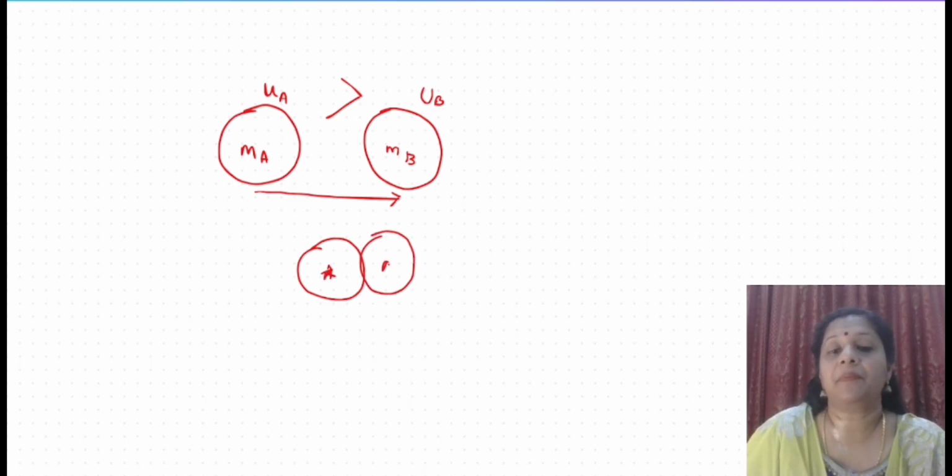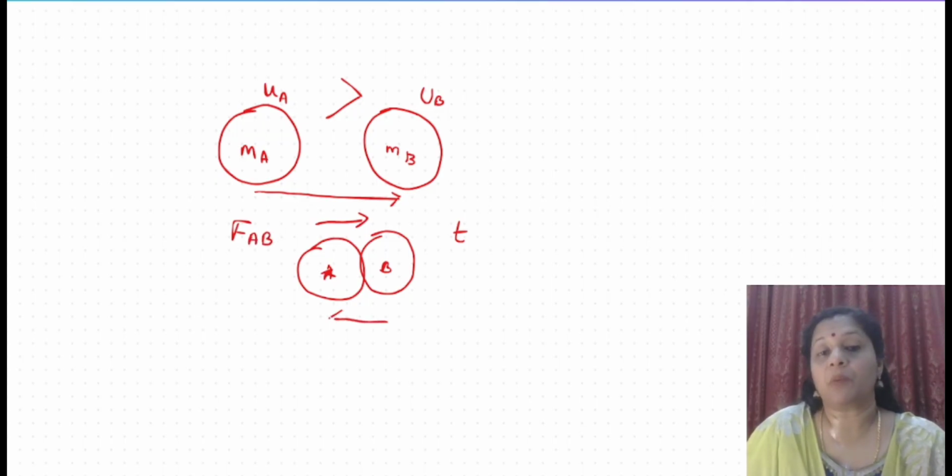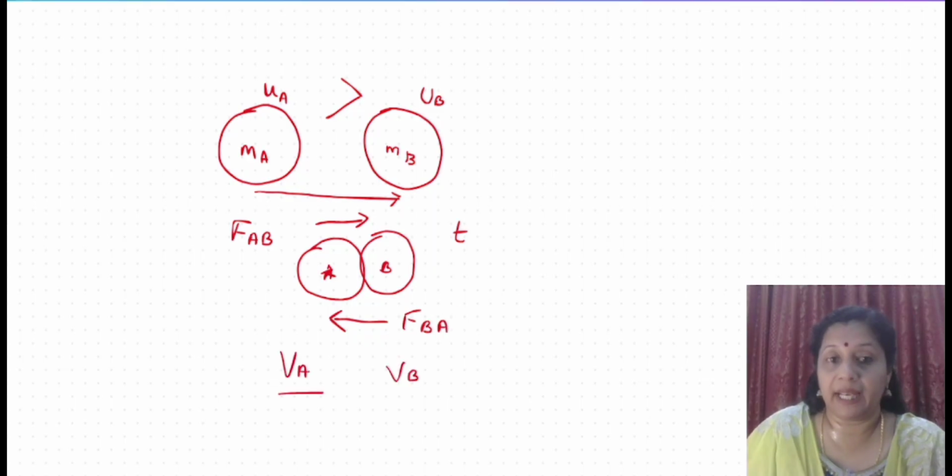At that time, the collision lasts for a small time t. So the force applied by A to B can be considered as force FAB. Then we know that B will apply an equal and opposite force, that is called FBA. After collision, the velocity of ball A is VA and that of ball B is VB.